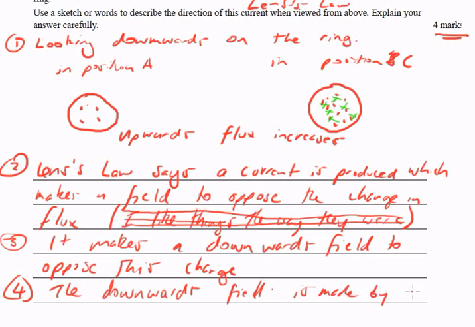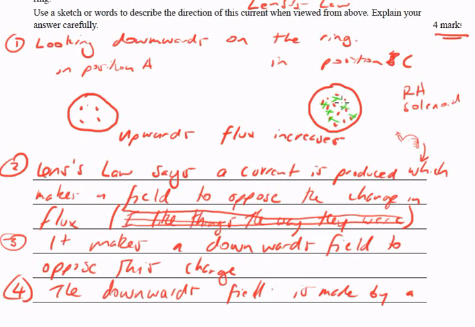Now if I'm going to use my right hand solenoid rule, my thumb wants to point, this is going to be ridiculously hard to draw, my thumb's pointing down into the page, and for that to happen my fingers are curling around that way.